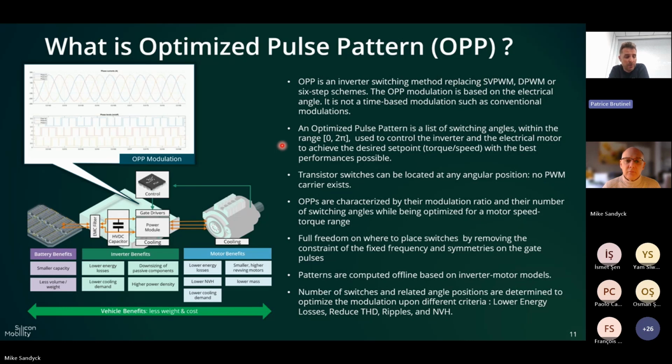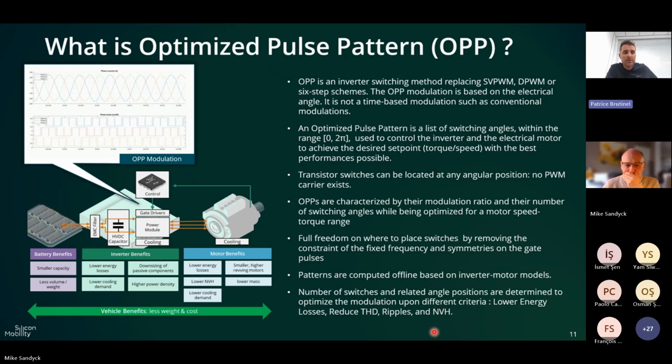That could be to reduce the energy losses on the inverter and the motor, as well as to reduce the THD to have a better quality of phase current signal, to reduce ripples on the DC bus, as well as to remove harmonics that could be responsible for NVH at system level.